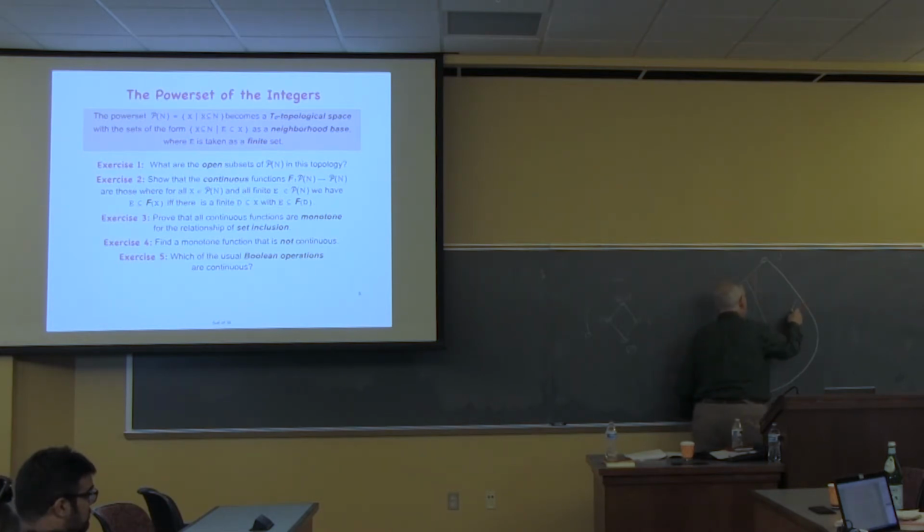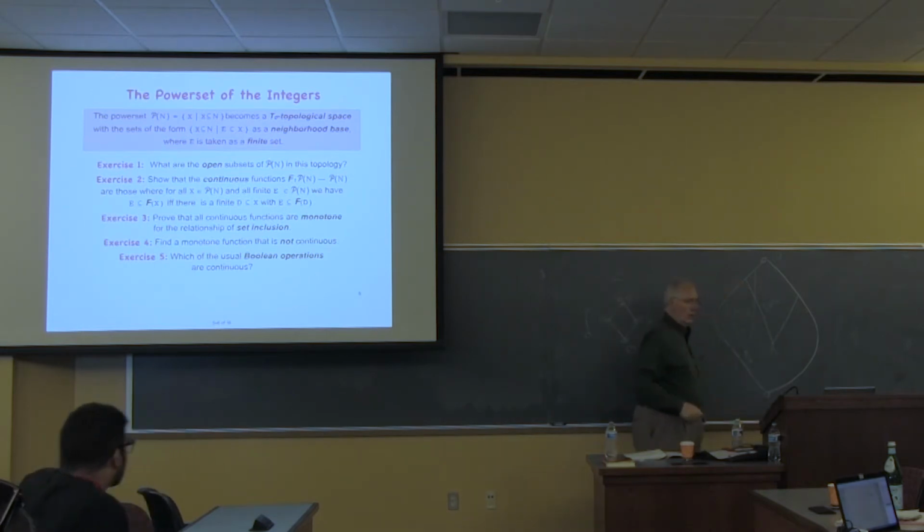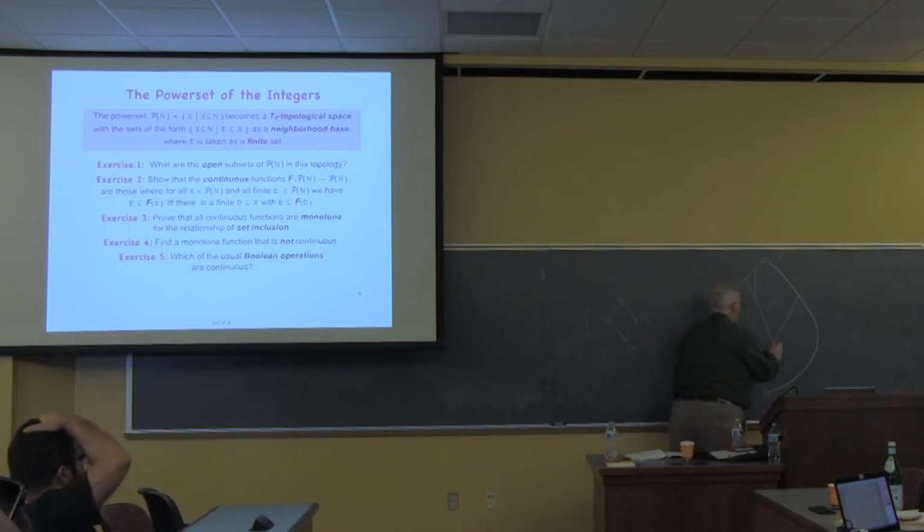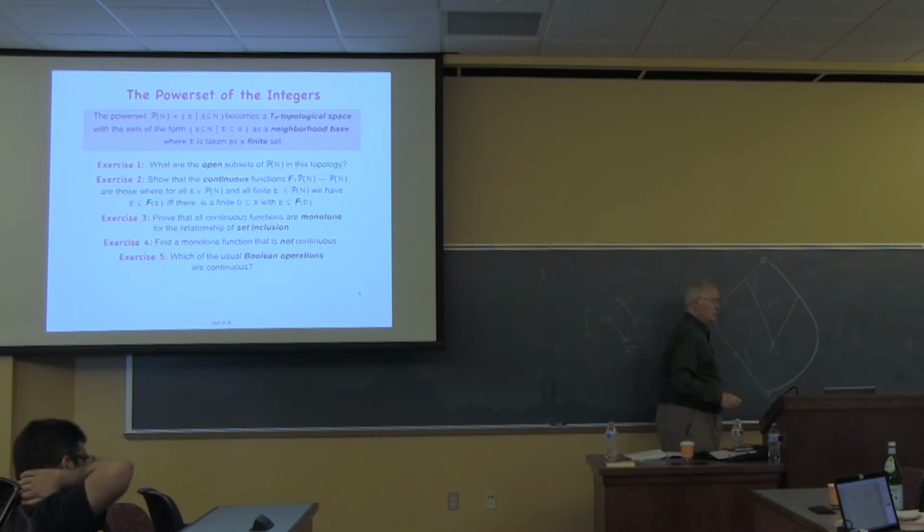Now I could do another one here. Let's call that E0. Then take E1 over here and take all the sets containing the second one. The union of two open sets is an open set.